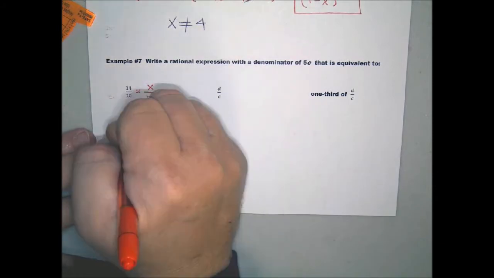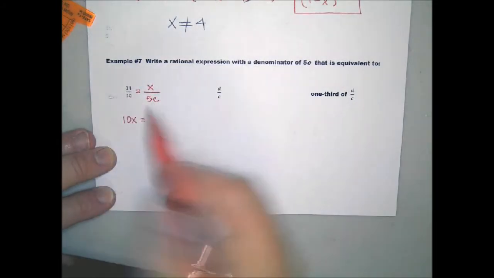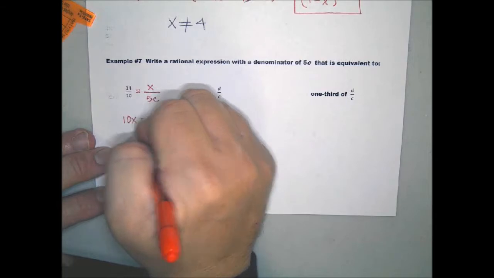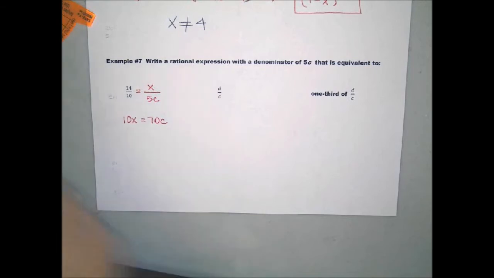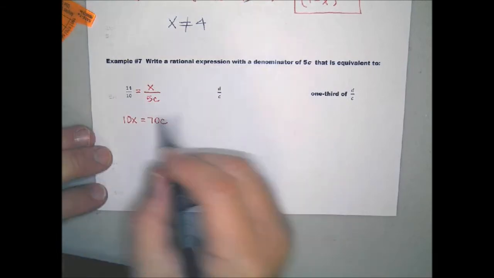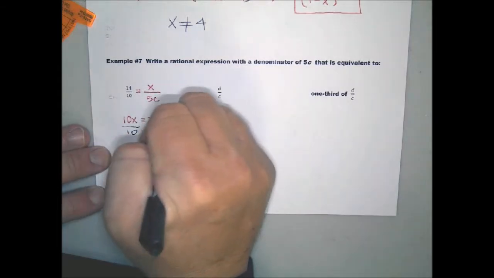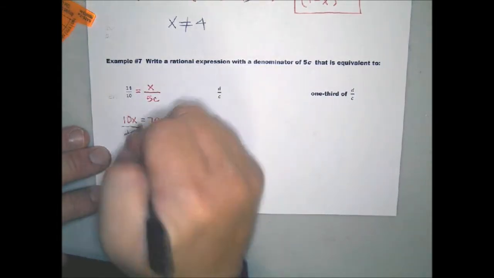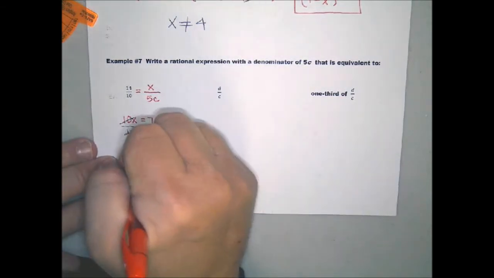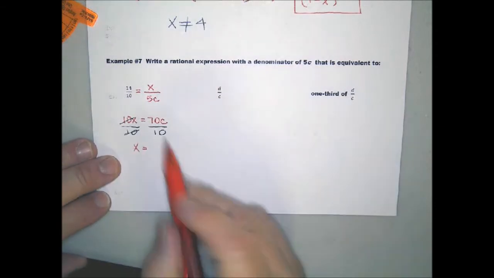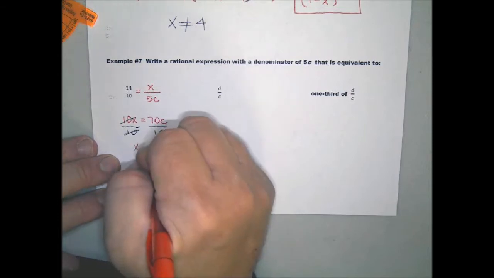So 10 times x is 10x equals 14 times 5c, which is 70c. I'm solving for x, so I'm going to divide both sides by 10. I'm going to be left with x equals, and then 70c over 10 is 7c.